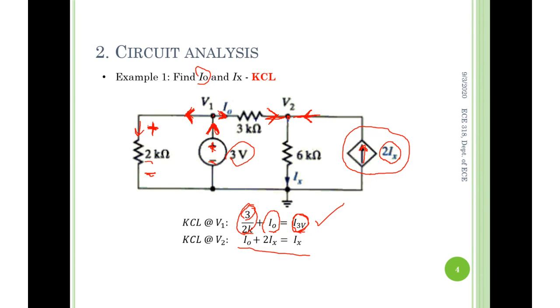So 2 currents entering the node, and the third current here is Ix itself, leaving the node, right? So the sum of these 2 currents equals the leaving current Ix. And this is how we end up with this equation.